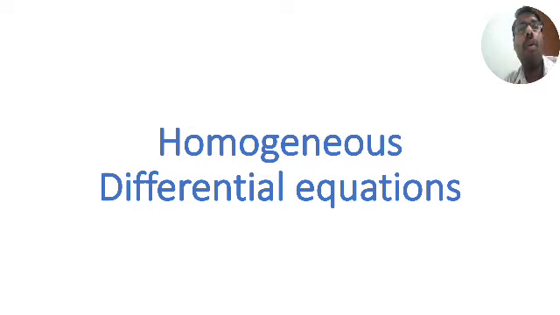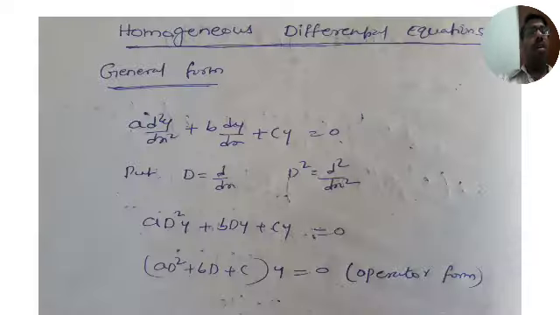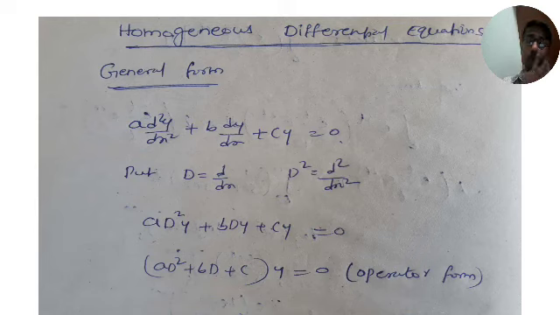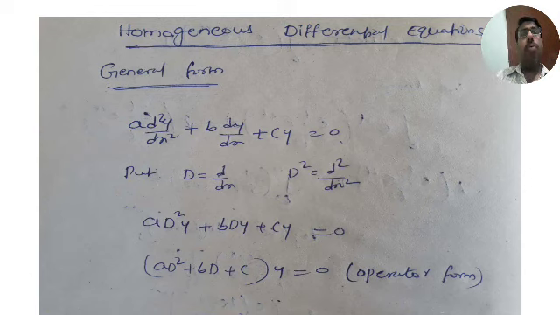So we are going to start a new topic today, that is homogeneous differential equations. So this is the general form. You see, a into d square y by dx square plus b into dy by dx plus cy is equal to 0.